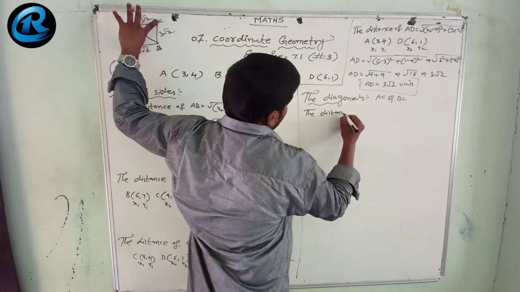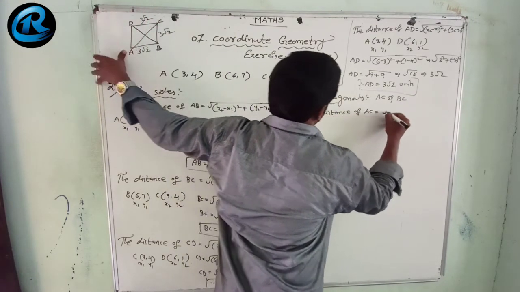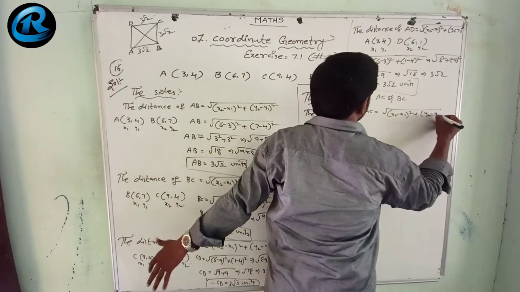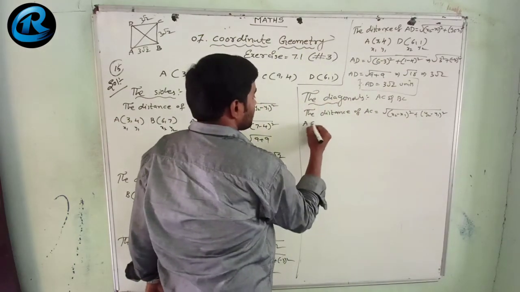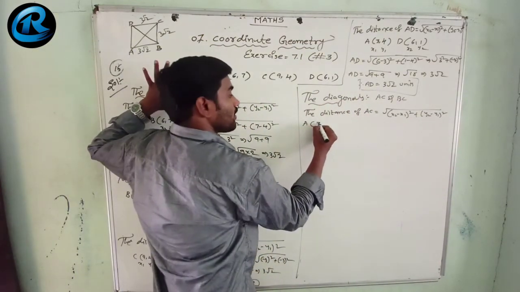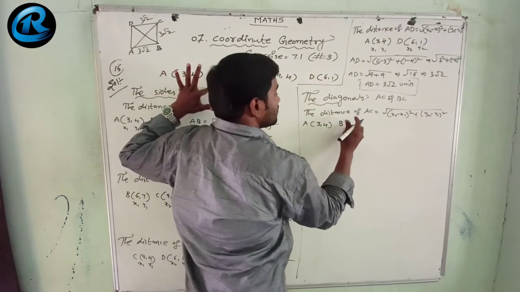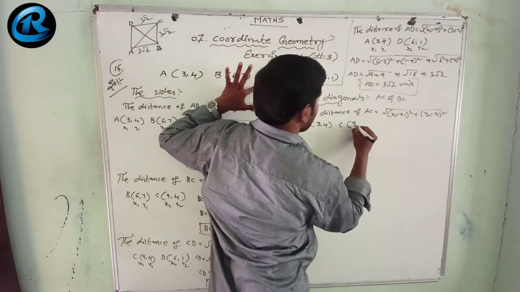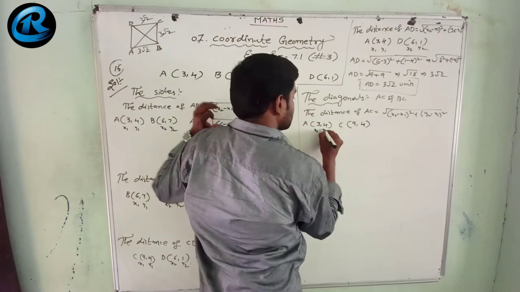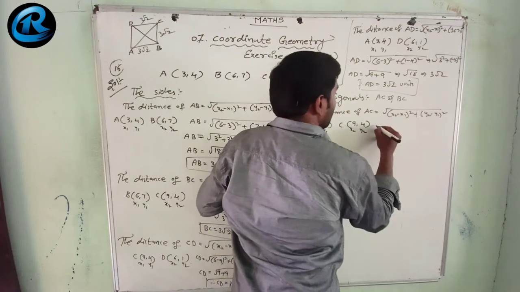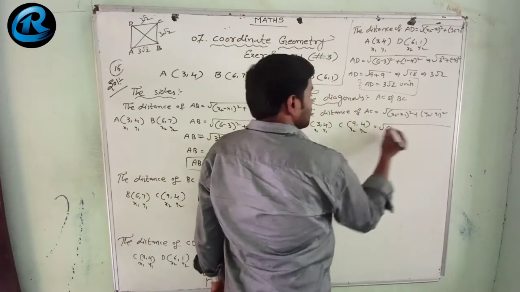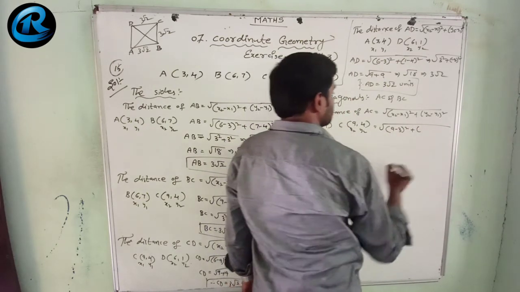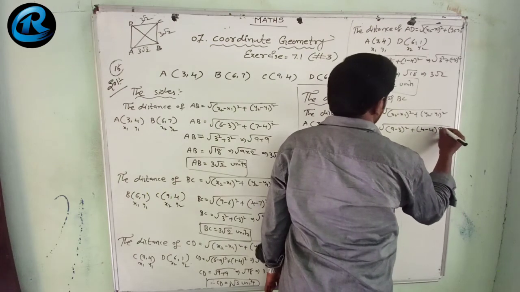The distance of AC equal to under root of x2 minus x1 whole square plus y2 minus y1 whole square, where point A is 3 comma 4 and point C is 9 comma 4. x1 y1 x2 y2, that equal to under root of 9 minus 3 whole square plus 4 minus 4 whole square.